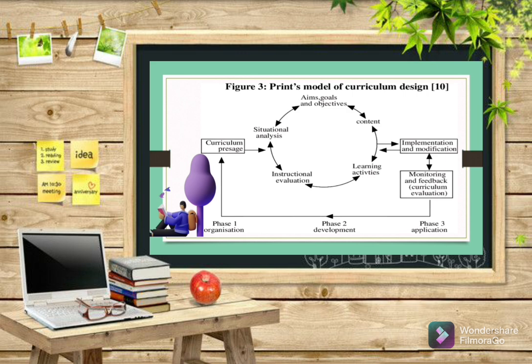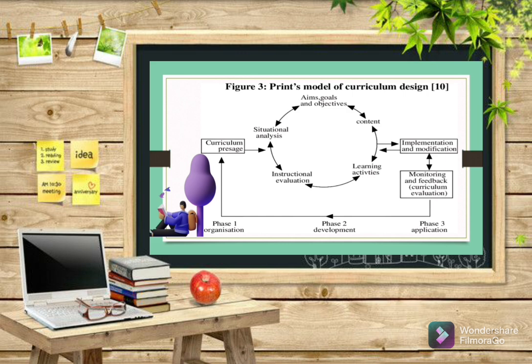So the model describes the process of curriculum development on a macro level. However, it is not clear where the philosophy of the institution and philosophy of the curriculum will come into play. Print's model should establish a stronger link between the curriculum presage and the situational analysis. The model gives an impression that curriculum presage has no direct effect or relationship with situational analysis.